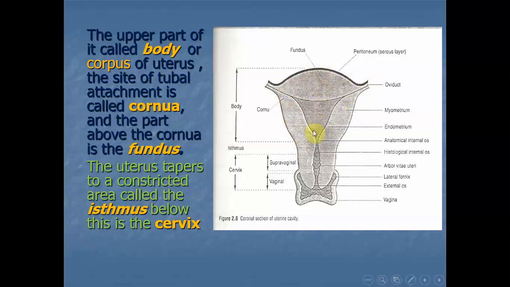The uterus tapers down to an area which is the isthmus, just above the cervix. This area of the isthmus will develop in pregnancy to form the lower uterine segment.